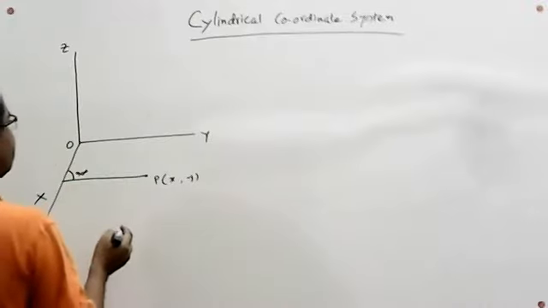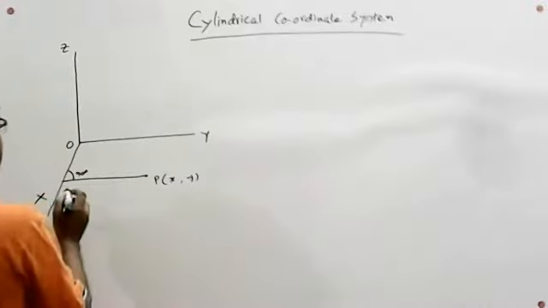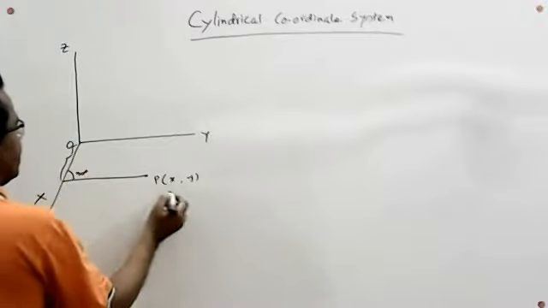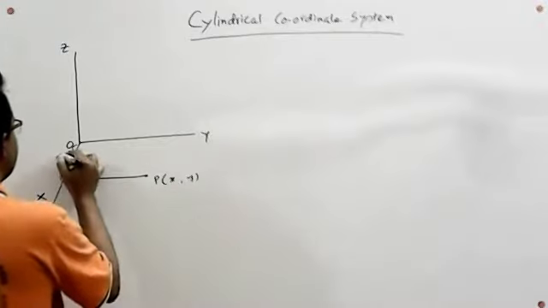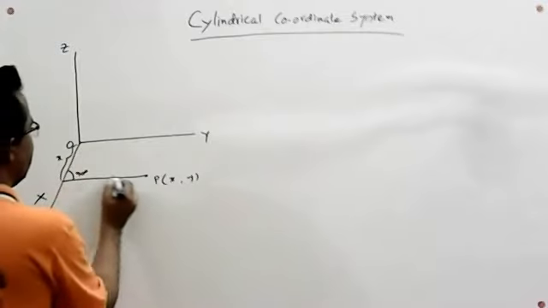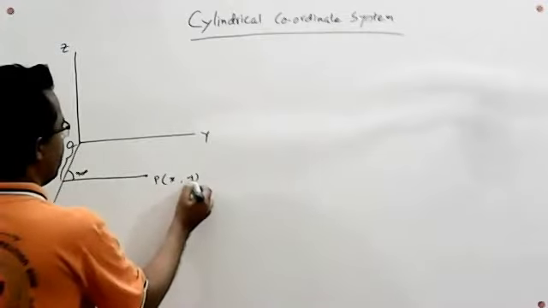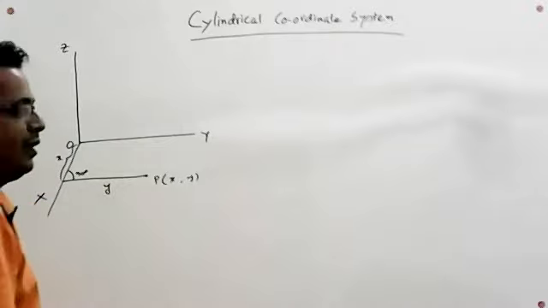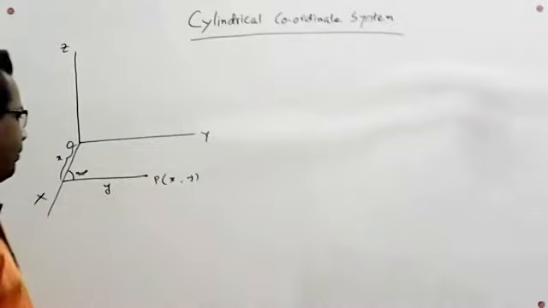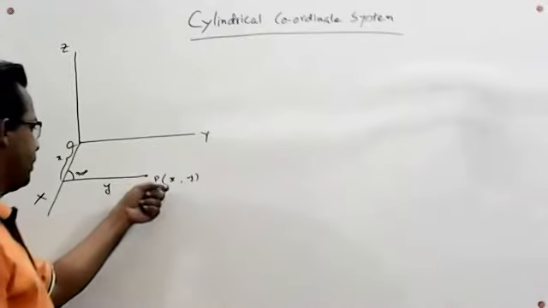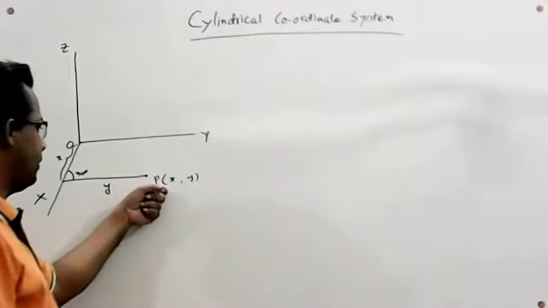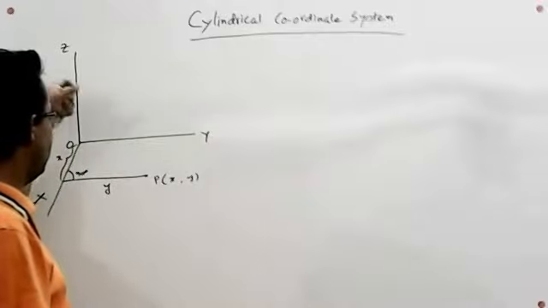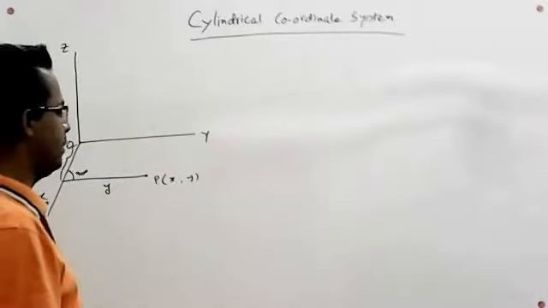We denote this amount by the abscissa x, and this amount by the coordinate y. And finally, from this point on the xy plane, we move along the z direction, upward or downward.